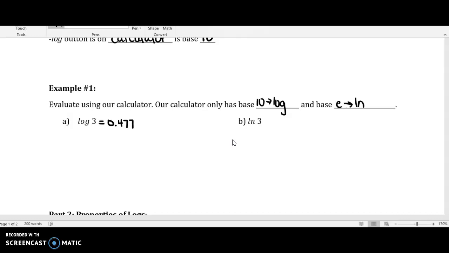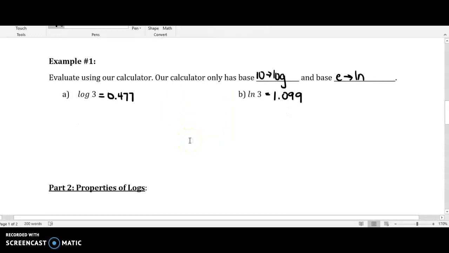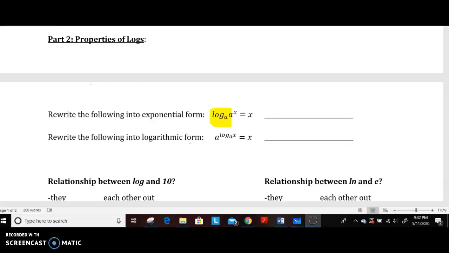The natural log of 3 is about 1.099. Hopefully you've taken the time to look for those buttons on your calculator. If you need help, get in touch with one of us during office hours and we'll help you find that, because I know every calculator is different.